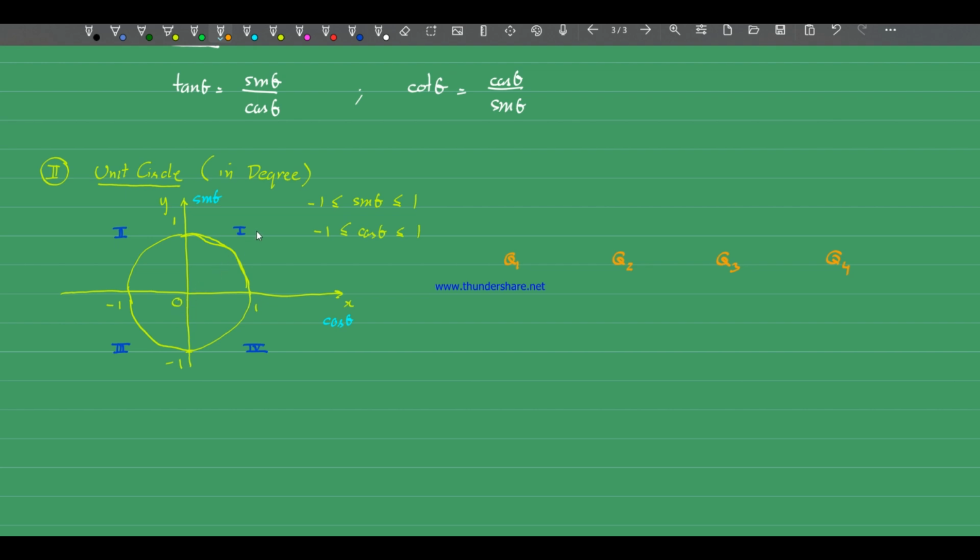Terminal side, initial side, right here. Angle theta. Now, you see the angle theta in the first quadrant. Then how do you know whether it's positive or negative?